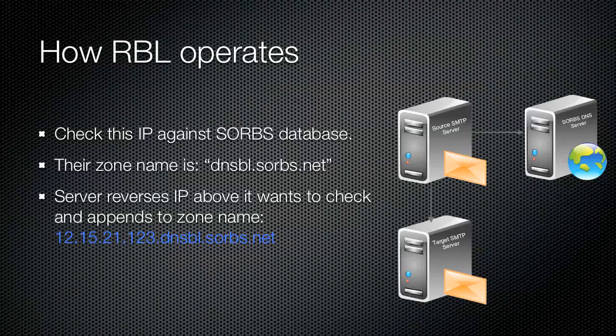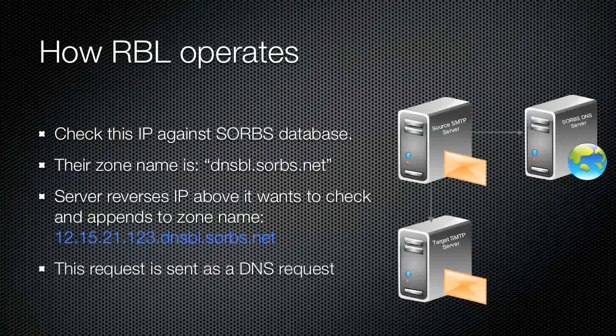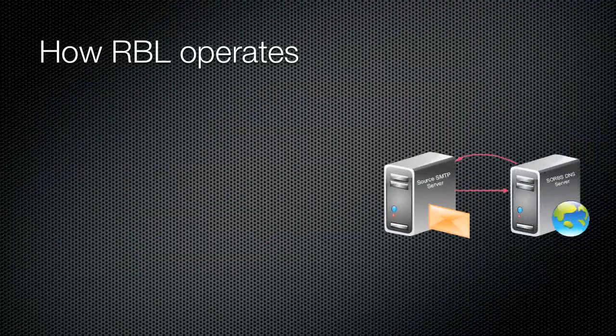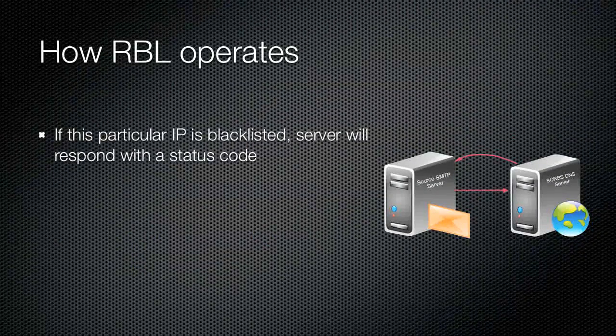For example, let's say it goes back and sends you an IP address where the last digit is 1. That means that this IP is blacklisted. In some cases, if it's not blacklisted, it may send 0, and in some cases it will just not respond at all.